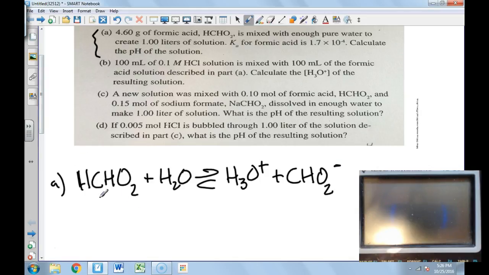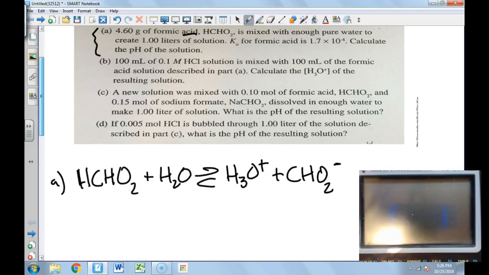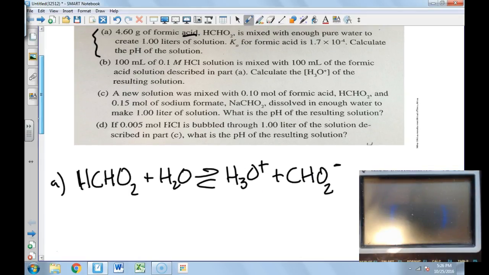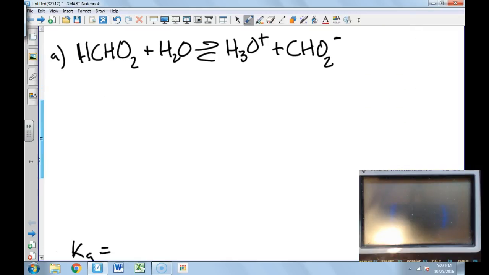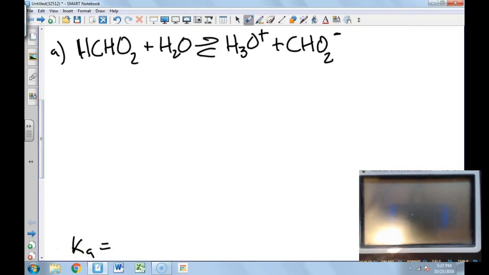And so this reaction is an acid, formic acid, so it's this plus water reacts to form the hydronium ion plus the formate ion. Okay. Now, in order to fill out the ICE chart, let's do some of this here.